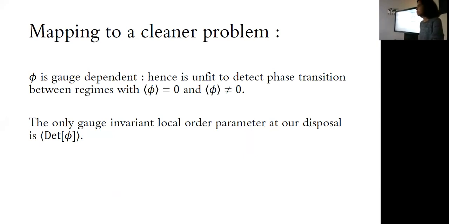There is no deeper meaning to that. The only gauge invariant local order parameter at our disposal is the determinant of phi, and that is non-zero on both sides and transforms under U1 symmetry. So you can't use that to detect a phase transition.